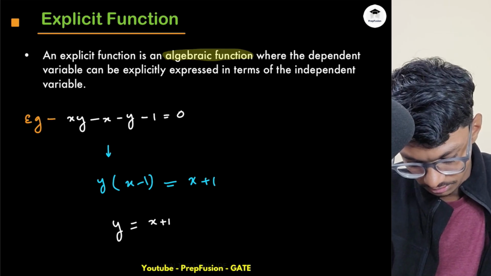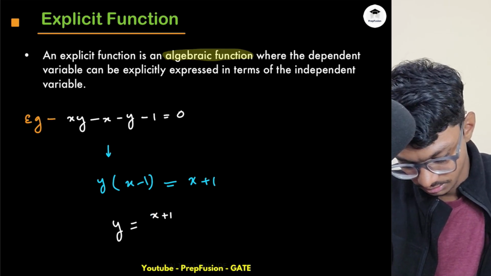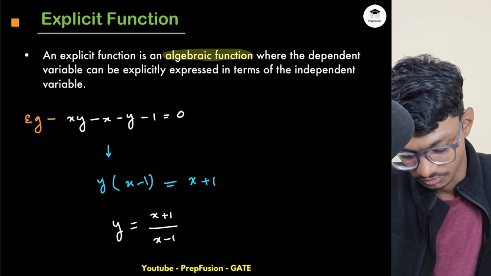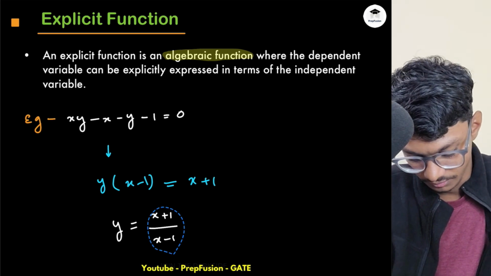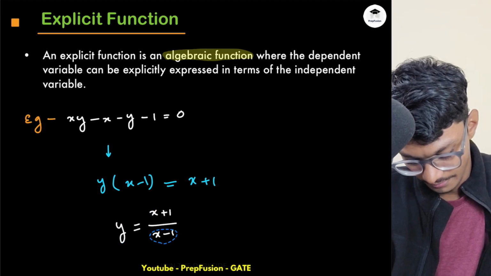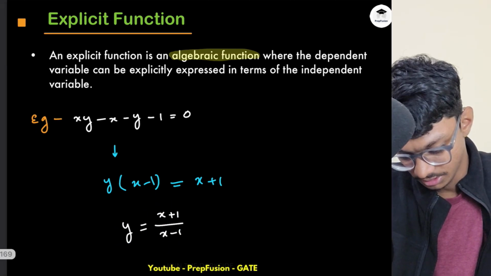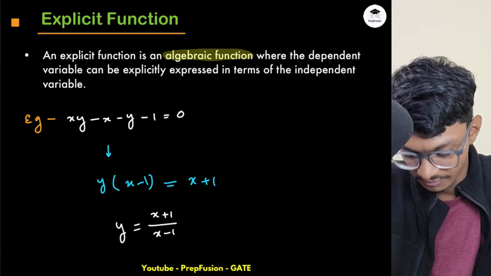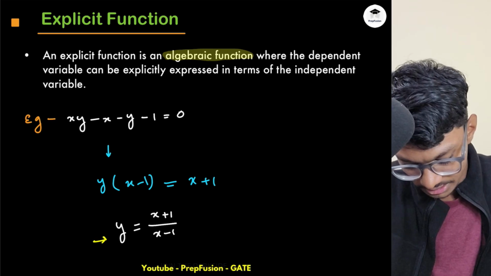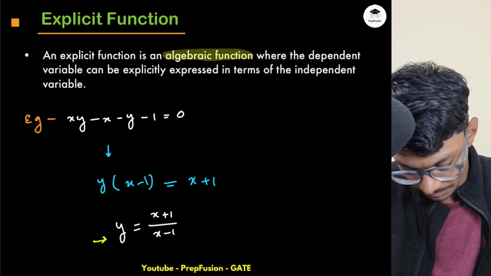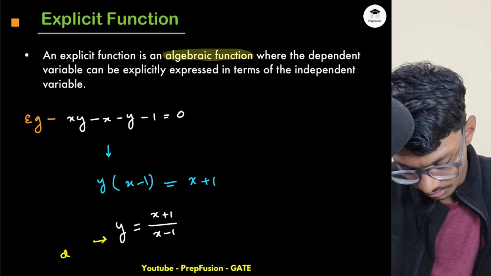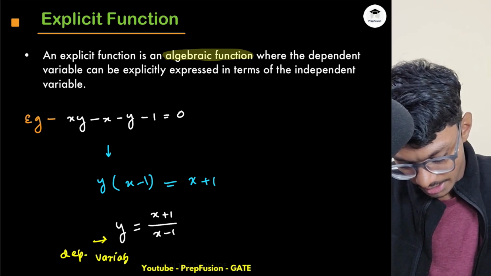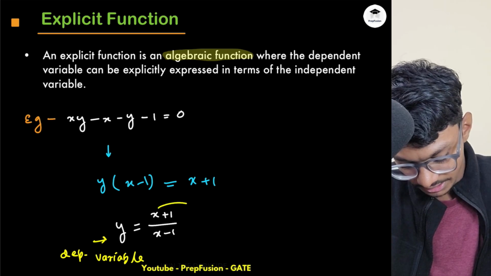x plus 1 divided by x minus 1. So y equals to x plus 1 divided by x minus 1. Here my y is the dependent variable, and my x is the independent variable.